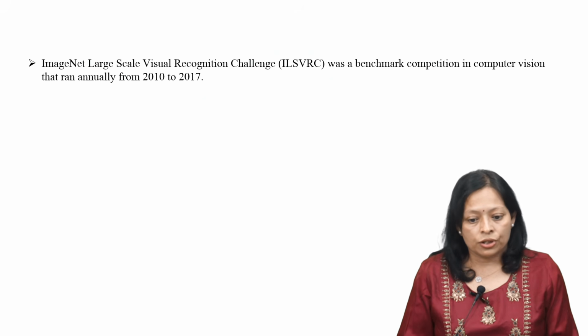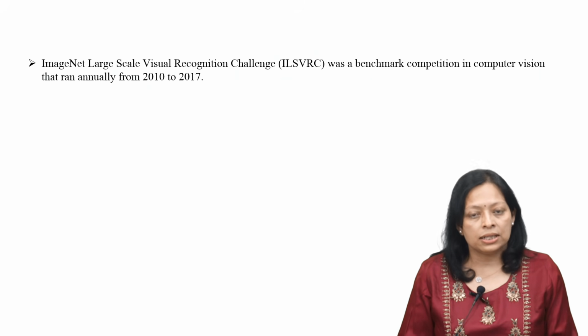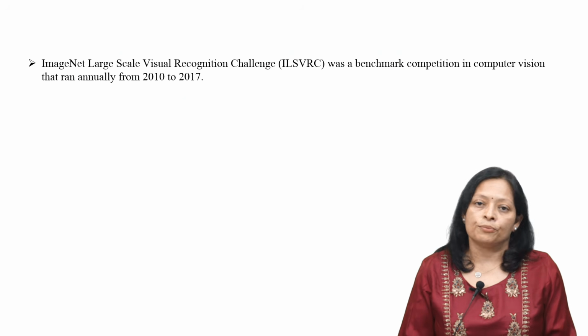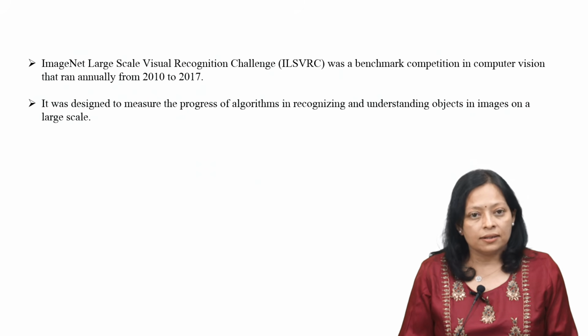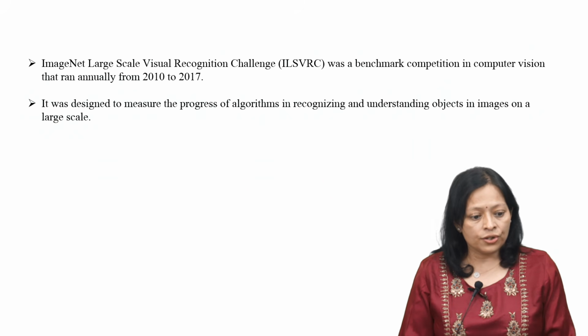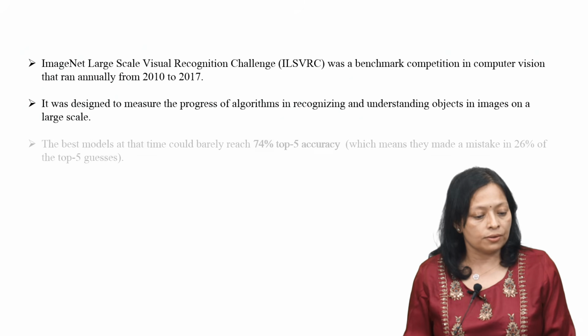This competition ran annually between 2010 and 2017, and it was a benchmark competition in the computer vision field. It was designed to measure the progress of algorithms in recognizing and understanding objects in images on a large scale. That was the main intention for this competition.